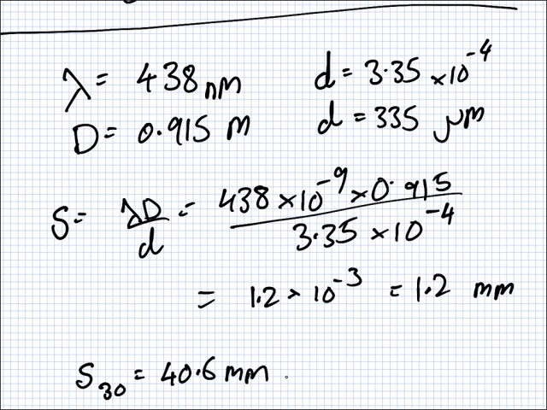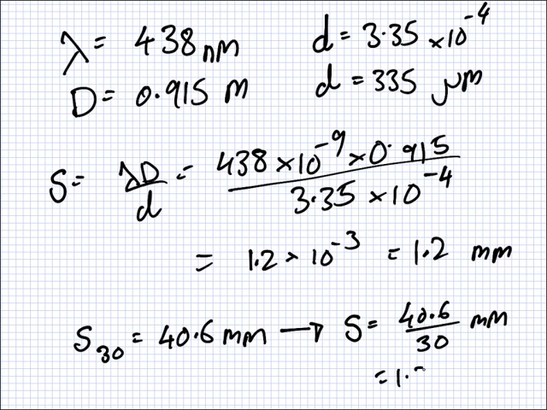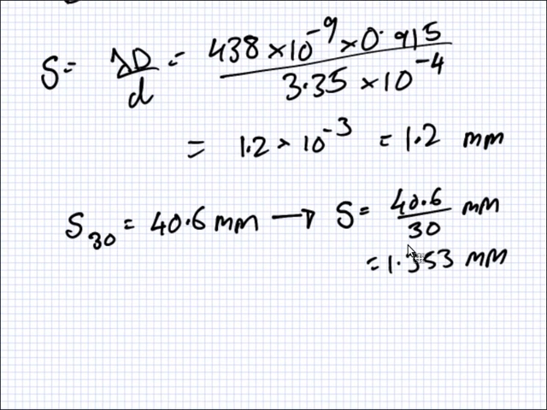Now, before you continue, what that means is the distance between two of the fringes, you have to divide by 30. So 40.6 over 30 millimeters is 1.353 millimeters.